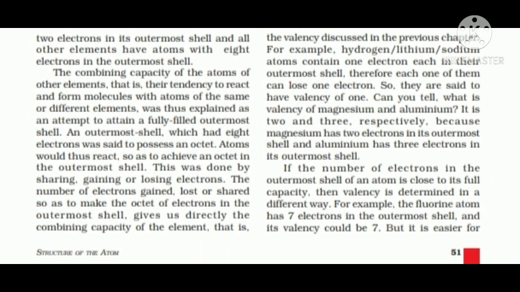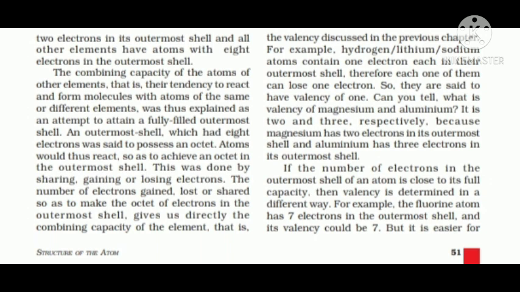An outermost shell which had 8 electrons was said to possess an octet. That is, octet means 8. So atoms react so as to achieve an octet configuration in the outermost shell. This octet configuration is attained by sharing, gaining or losing electrons.